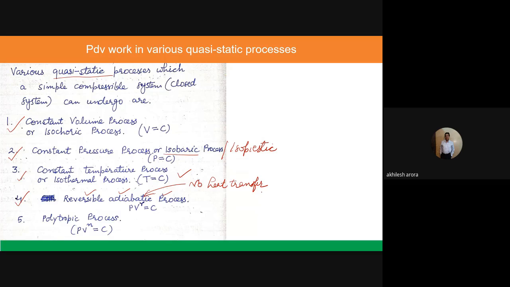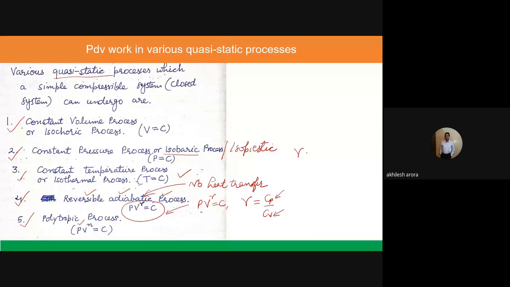Then polytropic process, where PV raised to power n is equal to constant. For reversible adiabatic process, this is PV raised to power gamma equal to constant, and you might know that gamma is equal to Cp by Cv, where Cp is the specific heat at constant pressure and Cv is the specific heat at constant volume.